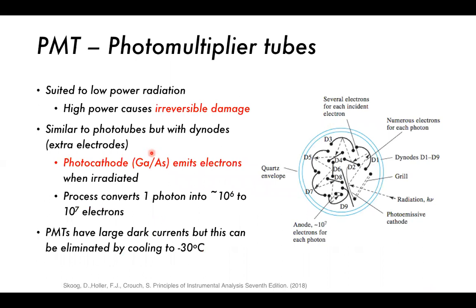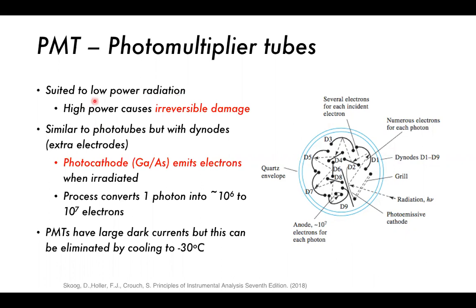The reason why they're so useful and so widely used is because you don't actually need that much light in order to get a reasonable measurement. They're suited to low power radiation because they get that low power radiation, and then through a series of internal processes, they generate a lot of current from that.